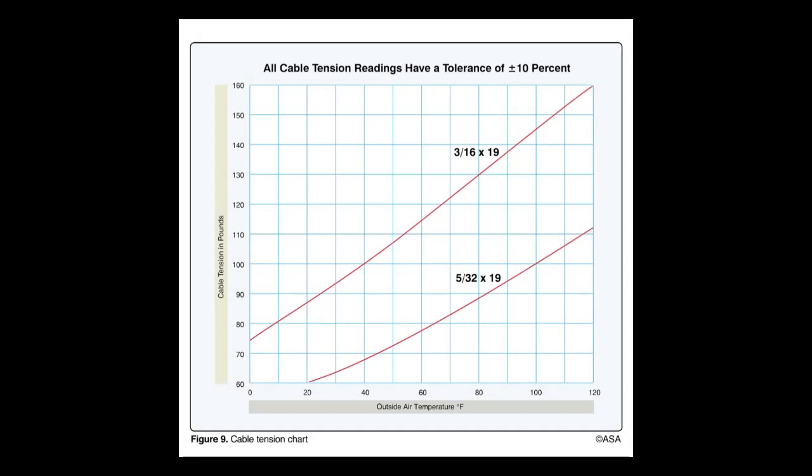Refer to Figure 9. When the outside air temperature is 80 degrees Fahrenheit, select the acceptable 3/16 cable tension range. 117 pounds minimum and 143 pounds maximum.